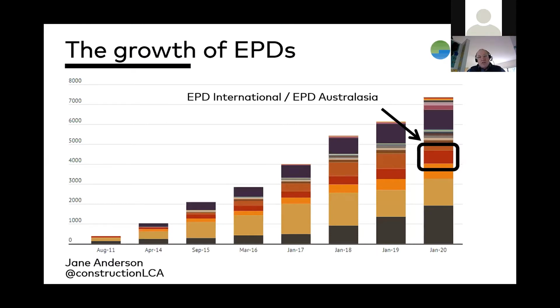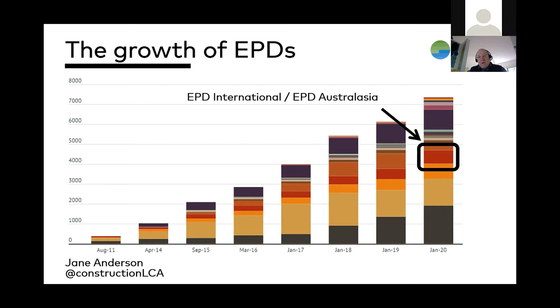Now, we've seen a significant growth in EPDs internationally around the world. There's something like over 7,000 EPDs for construction and building products available that are compliant with that standard I just mentioned, EN 15804, publicly available around the world.